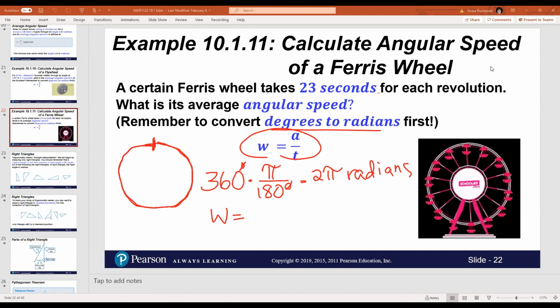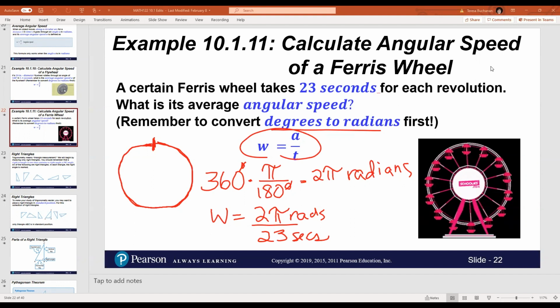So the angular speed here is asking us, if it takes 23 seconds to travel 2 pi radians, how fast is that per second, in 1 second?